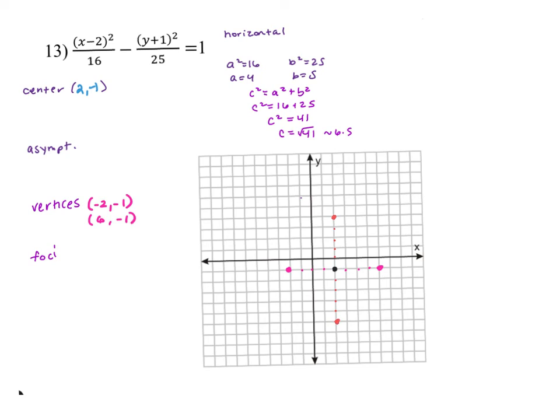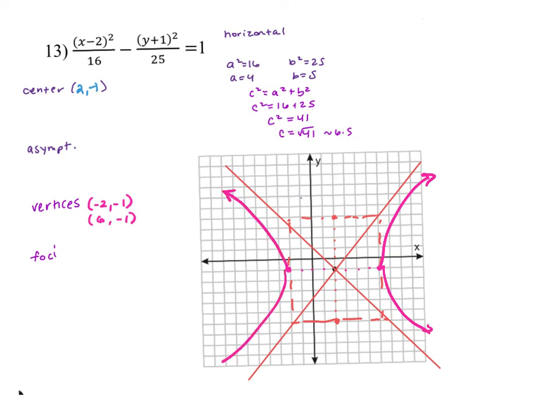And then I'm going to draw my little box. I'm going to put my asymptotes through the corners. I'm going to draw my branches off the horizontal points. So here, and here, and here, and here.